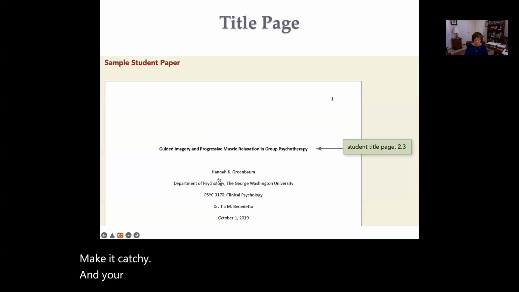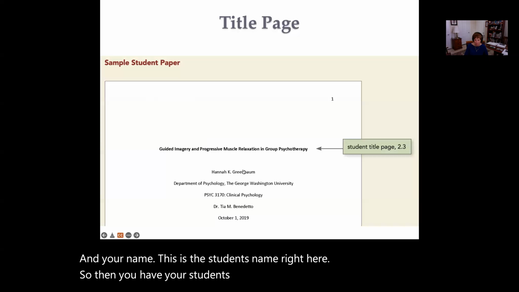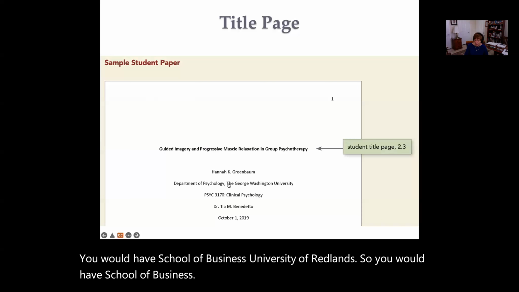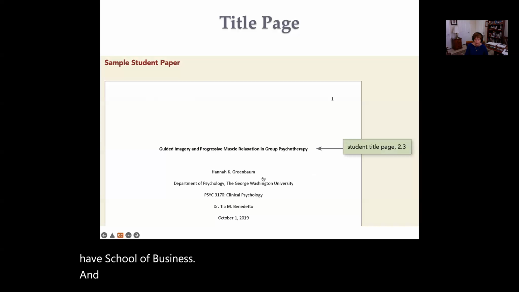This is the student's name right here. So then you have your student's name, then double spacing, and you would have School of Business and Society, and then you would have the University of Redlands right here.